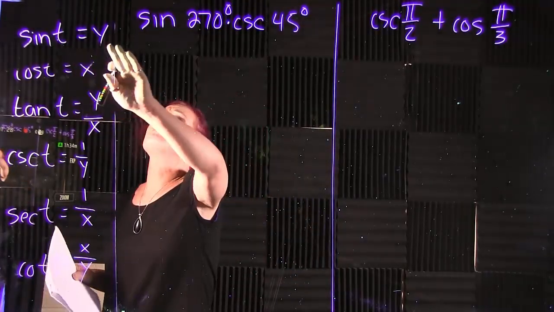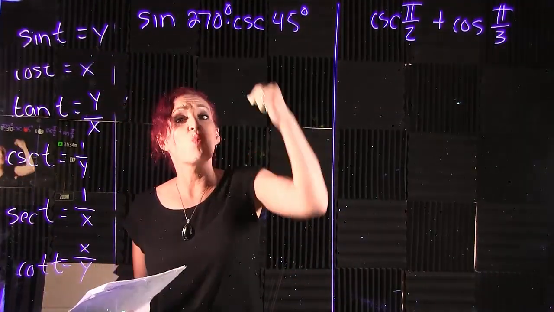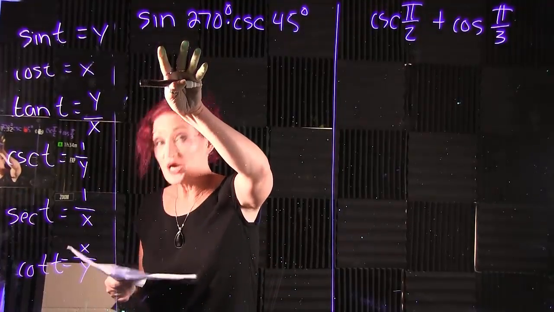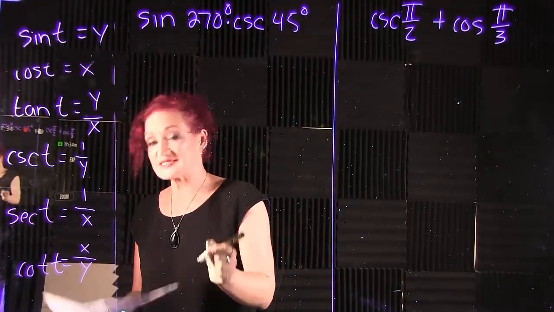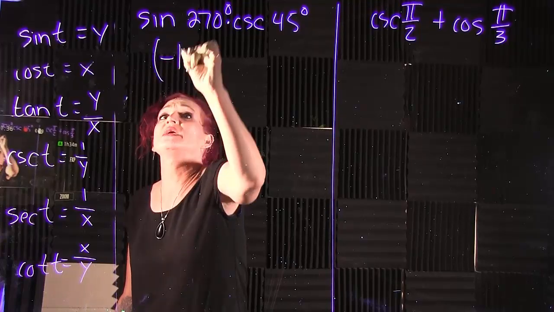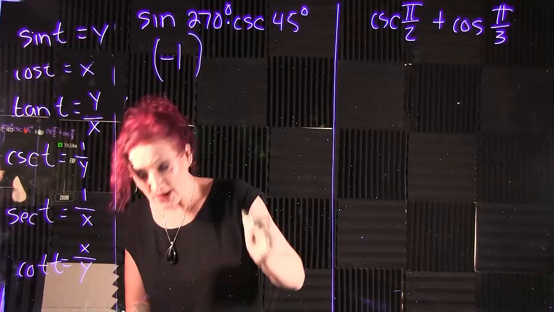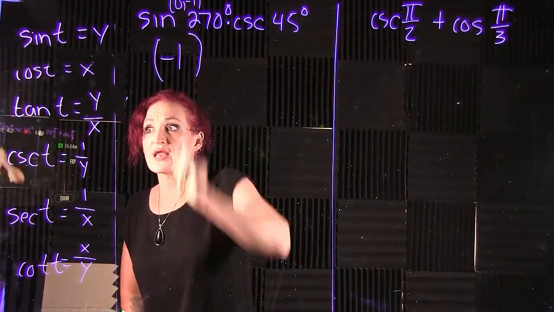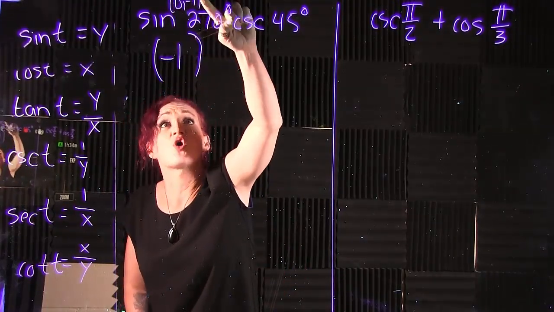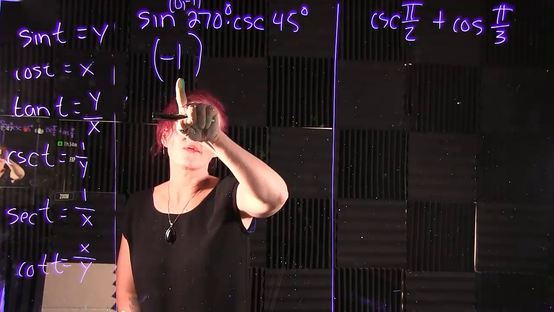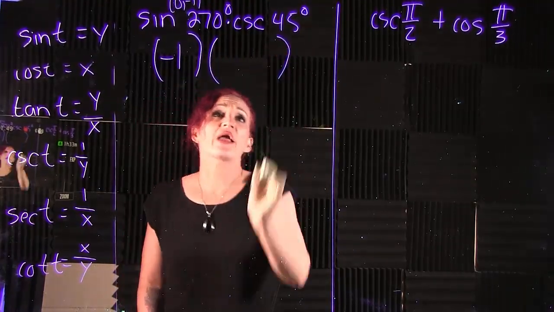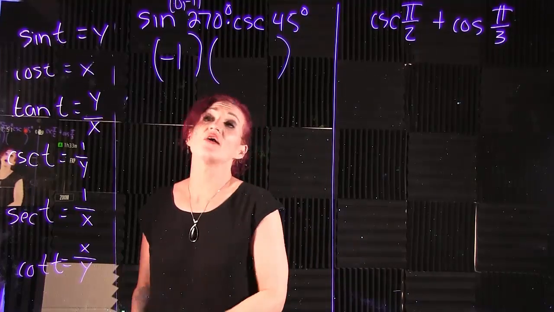Keep in mind that sine is the y value. So sine of 270 is simply going to be the -1. Sine 270 again refers to the point (0, -1), but sine is only the y, so we are grabbing the -1. And we're going to multiply this times cosecant of 45.